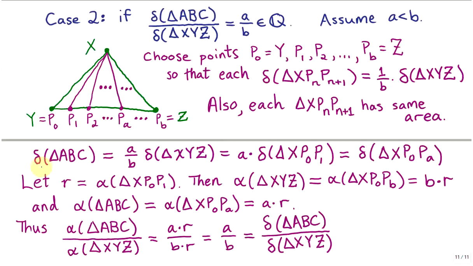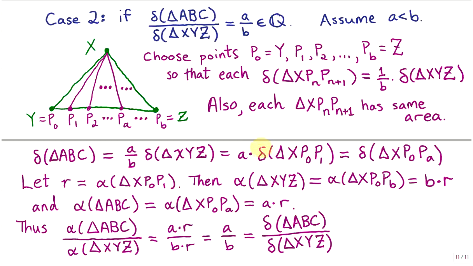Now, the angle deficit of the triangle ABC, we look at this equation up here, we multiply both sides by the angle deficit of XYZ, get this expression right here, but 1 over B times the angle deficit of XYZ, that's equal to the angle deficit of each one of these little triangles. So for instance, when n equals 0, we could use that one. A times the angle deficit of this first small triangle.